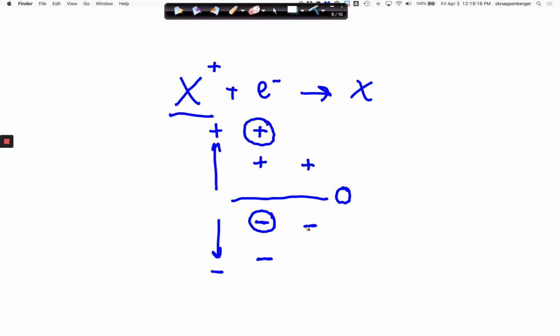When that's the case, the positive one will have the higher reduction potential and therefore will be the cathode. So it's always the number that has the largest value that will be the place where reduction takes place and will therefore be the cathode.